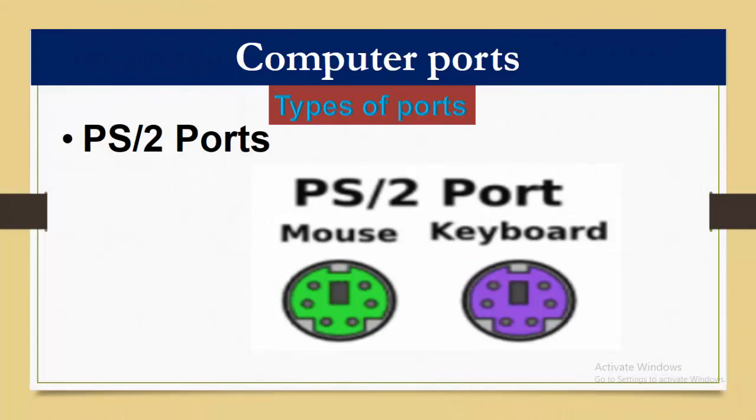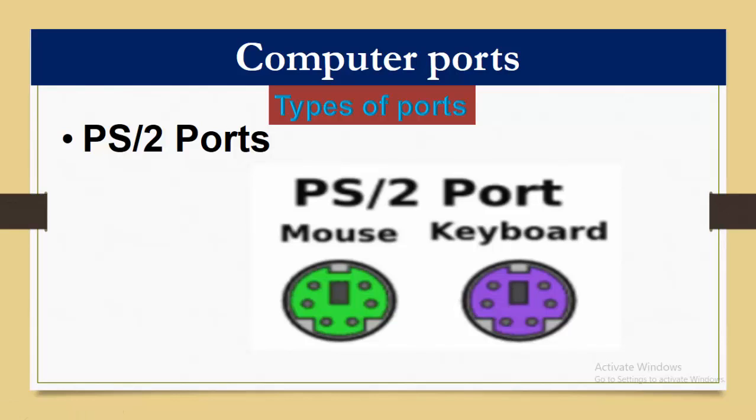The next one is PS2 ports. These are a 6-pin mini DIN connector used to connect a keyboard and mouse to a PC compatible computer. PS2 ports are shown in the figure. The first one is the mouse, and the next one is the keyboard connection.